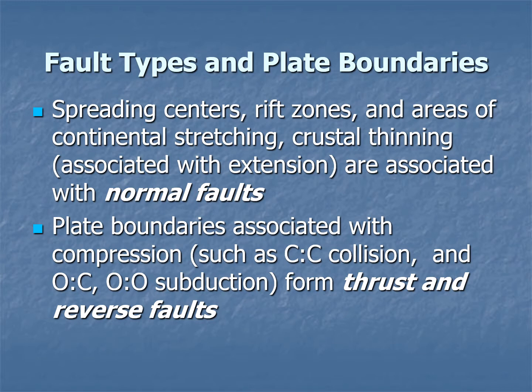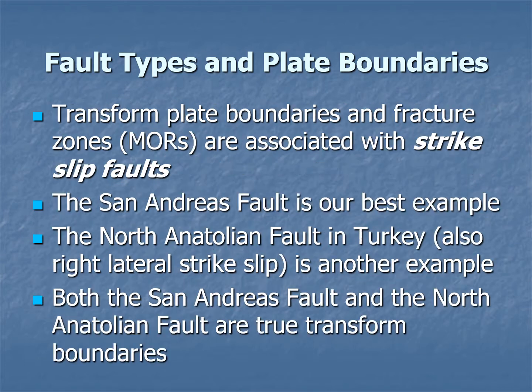Okay, so spreading centers, in mid-ocean ridges, rift zones, and anywhere you have stretching, crustal thinning, extension, you're going to get normal faults. Your convergent plate boundaries are associated with compression, okay, so this is going to be all three convergent boundaries: continent to continent collision, and then both ocean to continent and ocean to ocean subduction. It's in these plate boundaries you're going to find thrust and reverse faults.